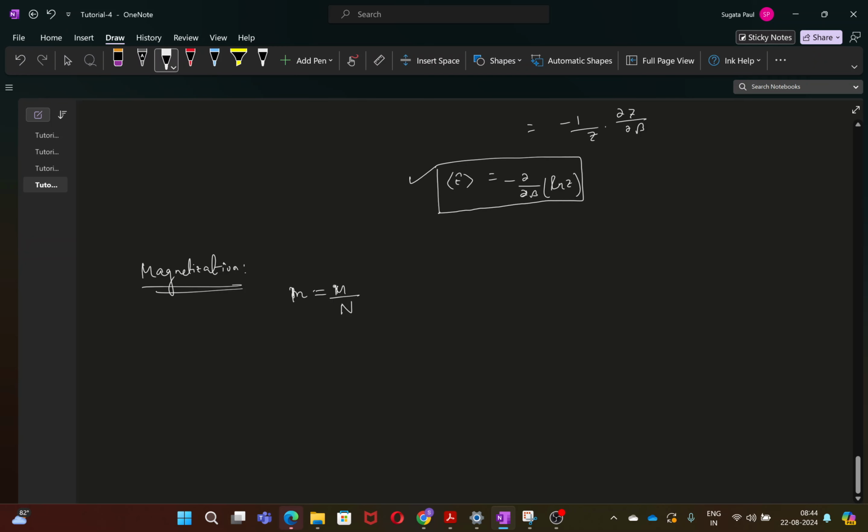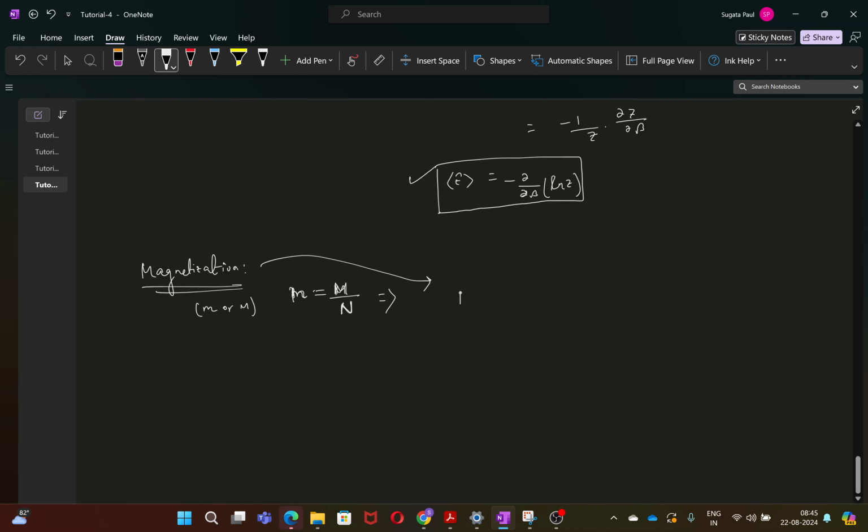So this small m is equal to capital M, the net magnetization, divided by the net number of spins, which equals your individual magnetization, small m. So you can either say m or capital M, whatever you want to take for the magnetization value.